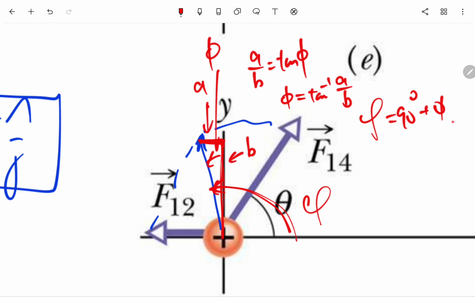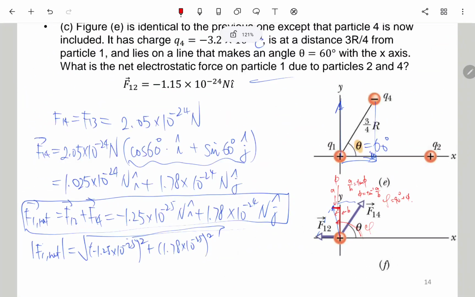Although I don't have a number on my hand, if you really need to answer what is the direction, you need to find this angle, and then you will say it is phi.